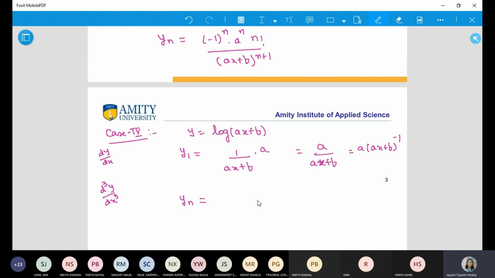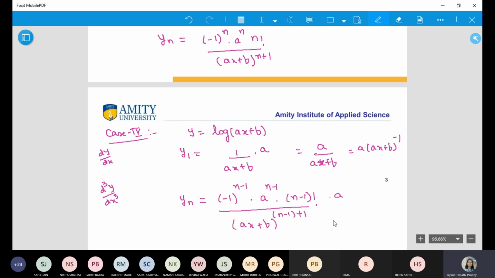So what will be the output? Just check what output you will get. Minus 1, the formula is already written here. (-1) to the power n minus 1, a to the power n minus 1, factorial n minus 1, into a, because one a is already here, divided by (ax plus b) to the power n minus 1 plus 1.